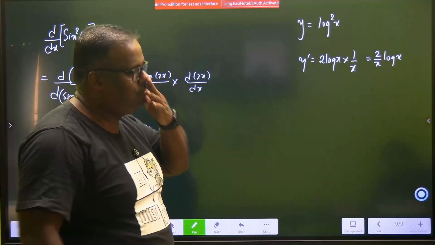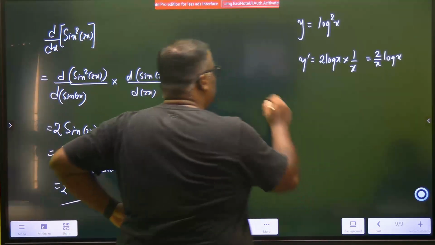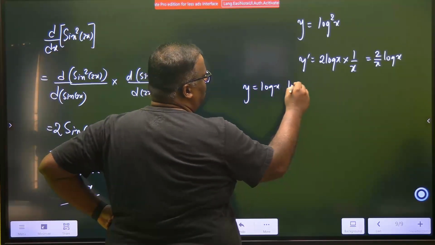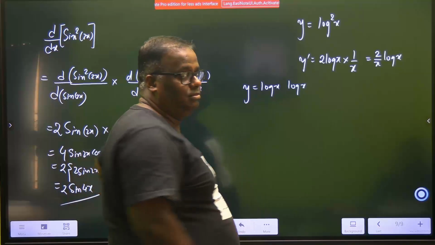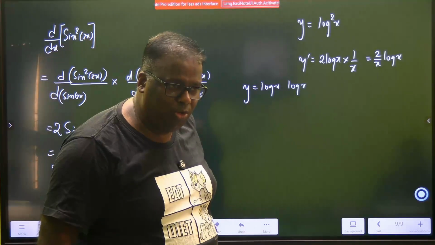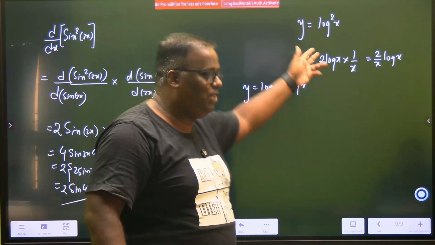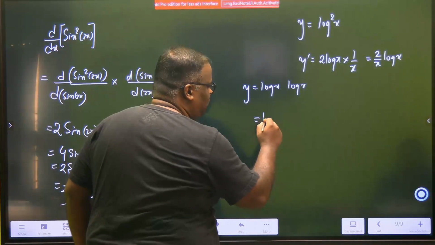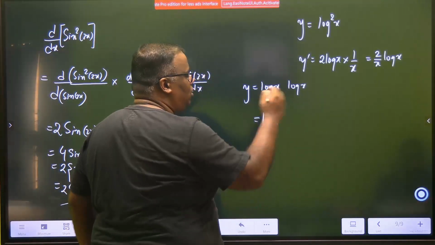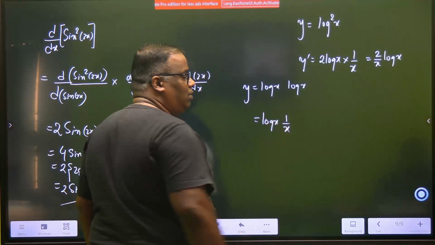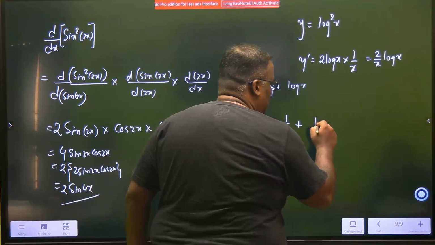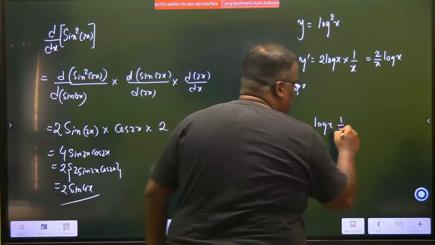Right? But there is a catch here. Can I not say that my function is log x multiplied by log x? Let's apply UV rule and check whether we are correct or not. What is UV rule? First function into derivative of second function plus second function into derivative of first function.